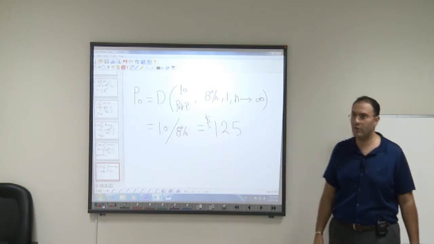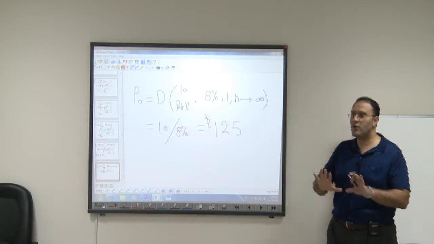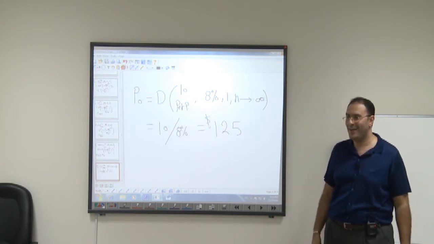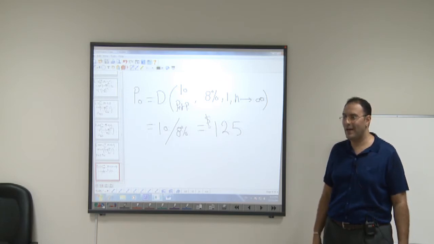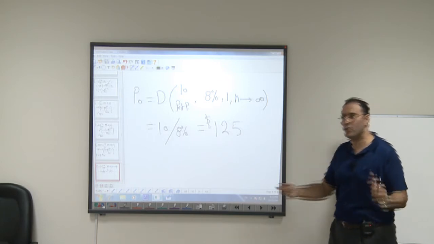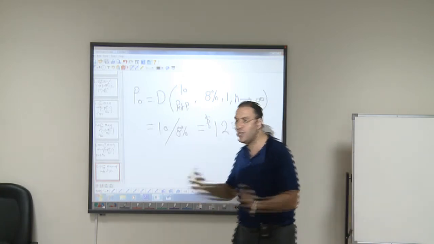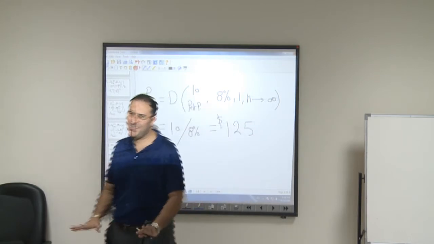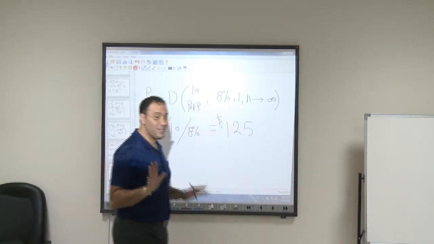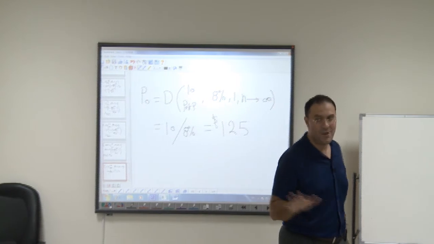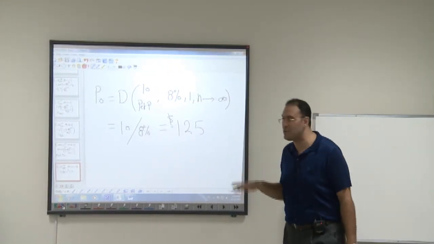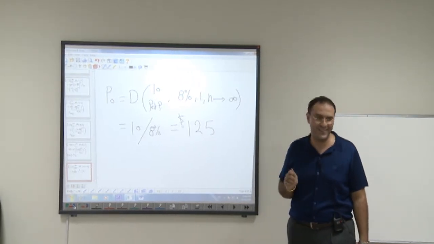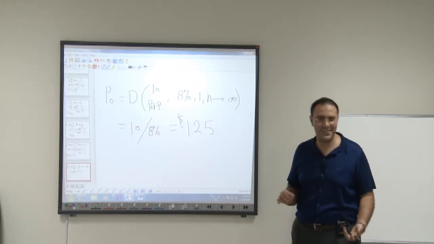After you're no more, your children are going to be entitled to $10 per year, and after your children are no more, their children are going to be, and so on. We're talking about infinity here. You got it? So at a rate of return of 8%, to be entitled to $10 per year for infinity, you simply set aside $125 now, which is not much.